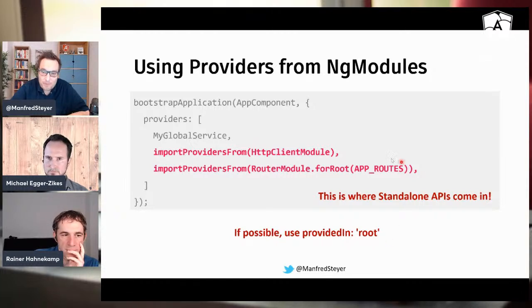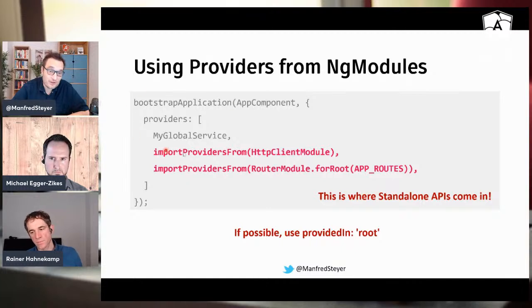Situations where you want to pass in some configuration to the services, like your app routes. And in those situations, you really need this style of programming, this providers array. In all the other situations, for instance, when just setting up a global service, provided in root would be a better choice. So please keep this in mind.